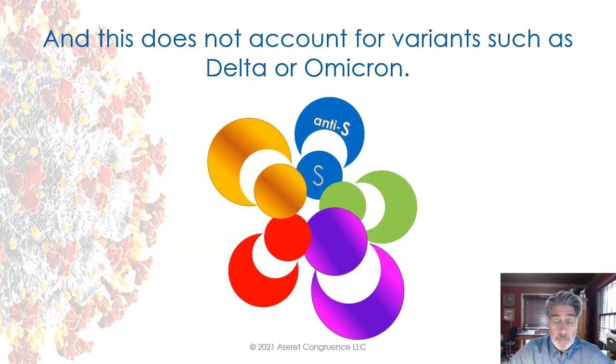And then we need to think about the variants. Again, what's important is that if those variants still have the S protein, the spike protein, and we have anti-S, we should normally be protected against it.